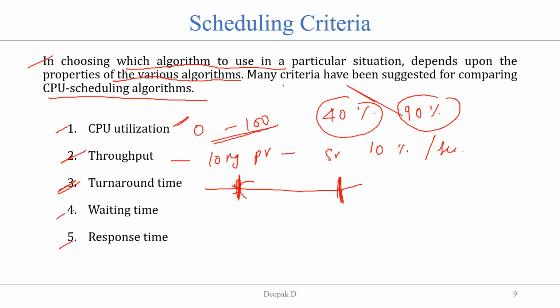In between, it might have gone through many cycles, waiting for IO operations, waiting to get into memory, or executing on the CPU and doing IO operations. All this is considered turnaround time. This is the third one.